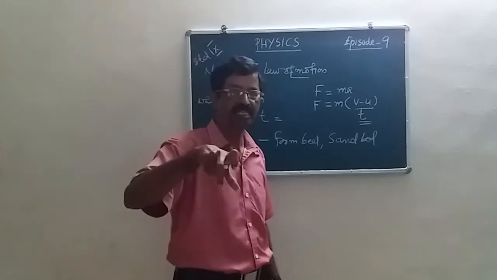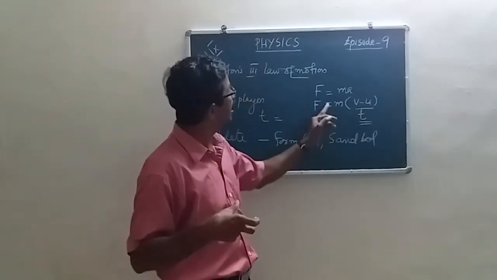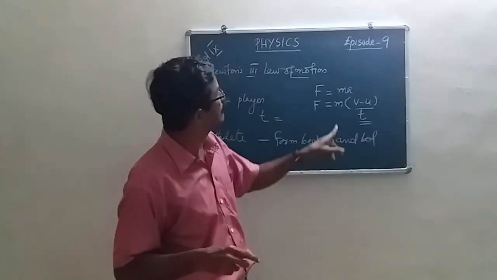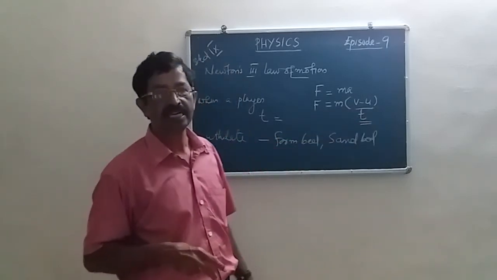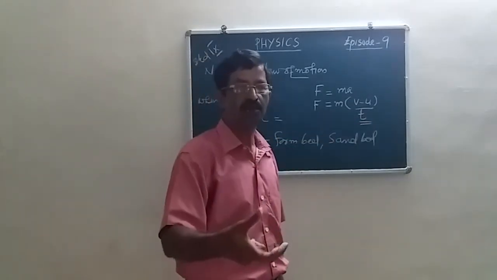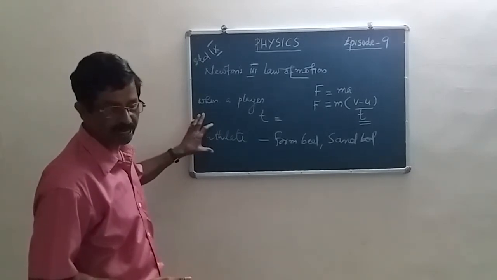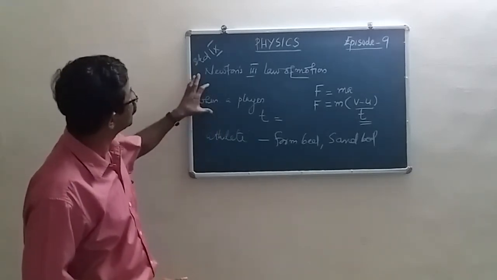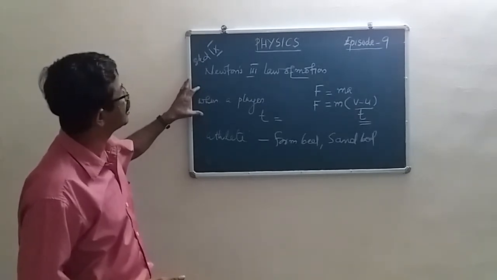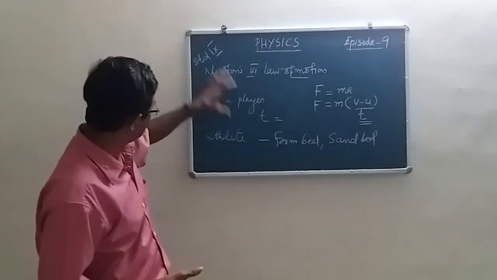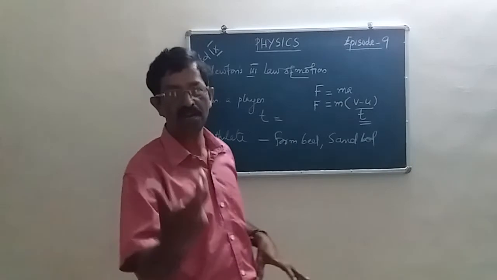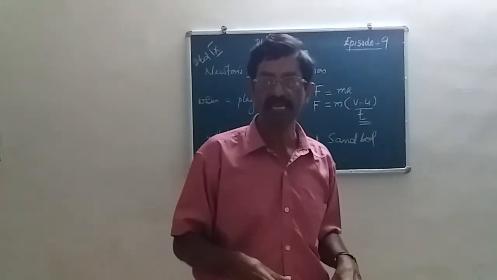So the force acting each second can be reduced so that the athlete can avoid getting injury. These are the advantages of lowering the hand to catch a cricket ball.